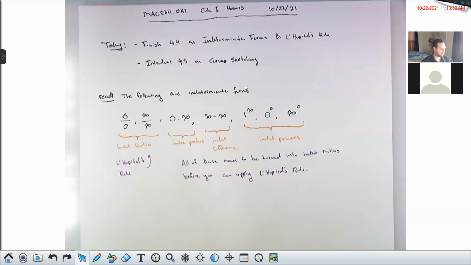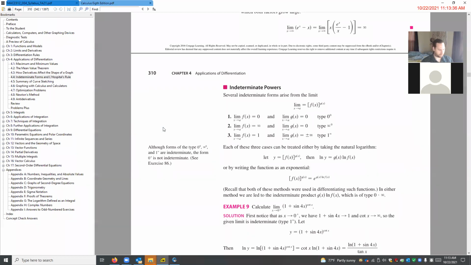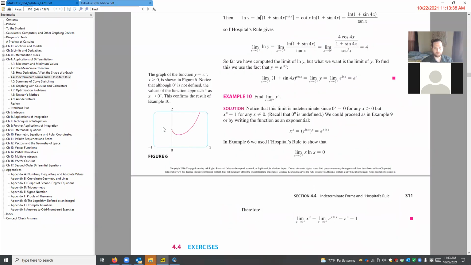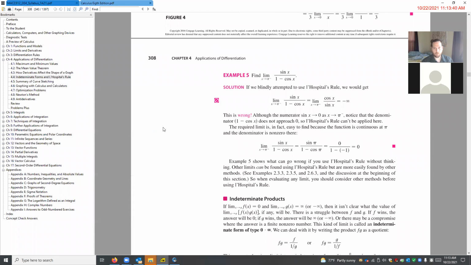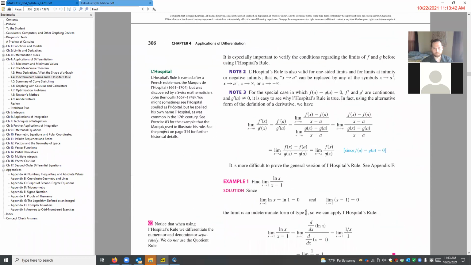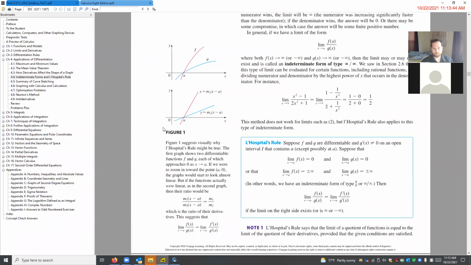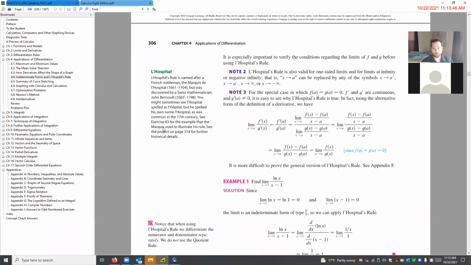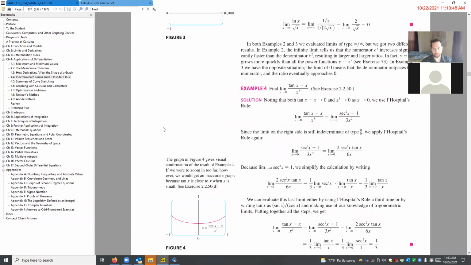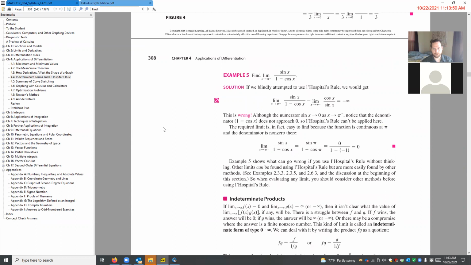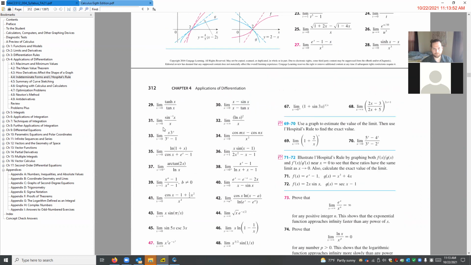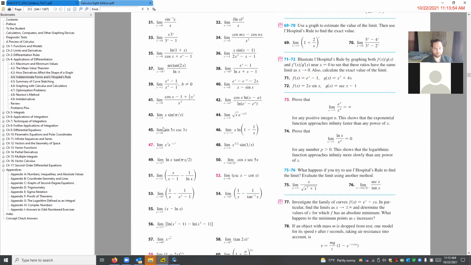Okay. Let me grab one more example of an indeterminate product for us to play with. We can make it up like that. Let me grab stuff here.